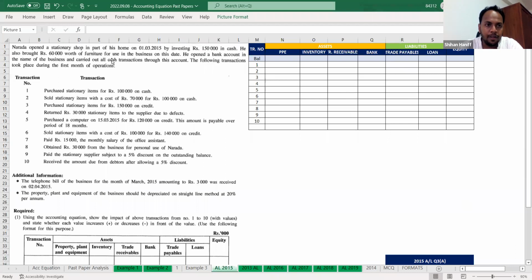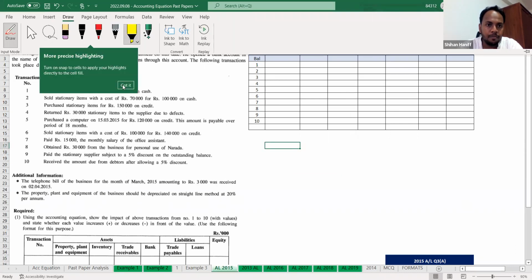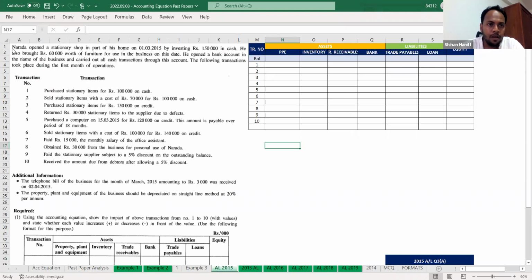Okay, so let me read the question. Narada opened a stationery shop in part of his home on 1st of March 2015 by investing 150,000 in cash. He also brought 60,000 worth of furniture for use in the business on this date.